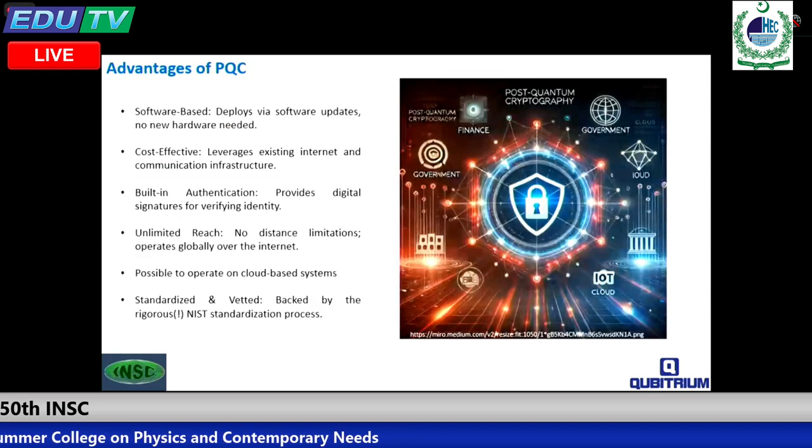But at the same time, there are lots of advantages of PQC. First of all, it's software-based. It does not require sophisticated hardware like quantum key distribution. Cost-effective because, again, you don't need much infrastructure. You can build it upon the same communication infrastructure you already have, and you just need some software tests. Built-in authentication.